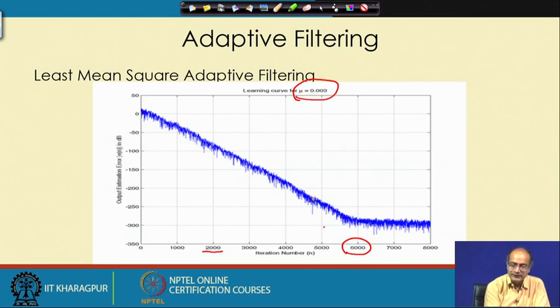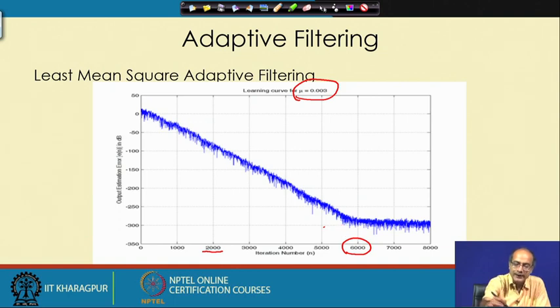So the weight vector lag has increased by reducing the value of mu even smaller. The message here is that if we keep on reducing mu, it may not actually help us in any way.